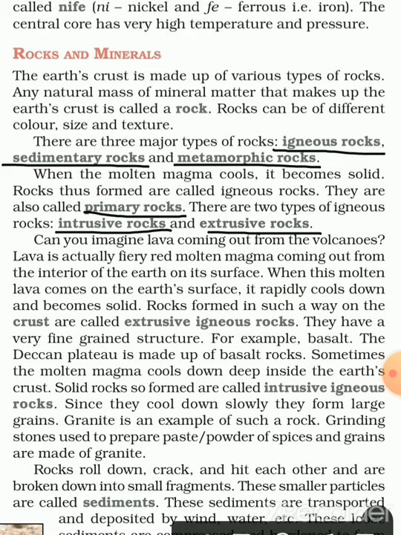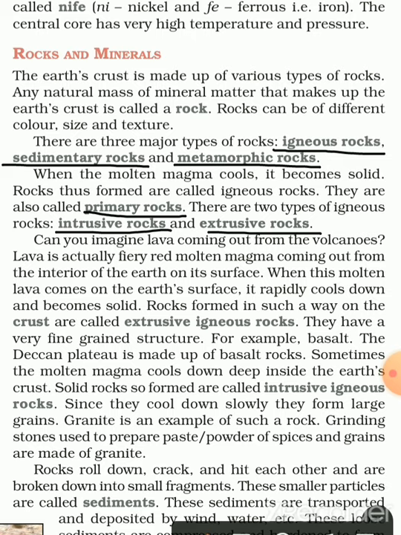When this molten lava comes onto the earth's surface, it rapidly cools down and becomes solid. It is a solidification process. Okay, so when this molten magma or molten lava comes onto the earth's surface, it cools down rapidly and becomes solid.